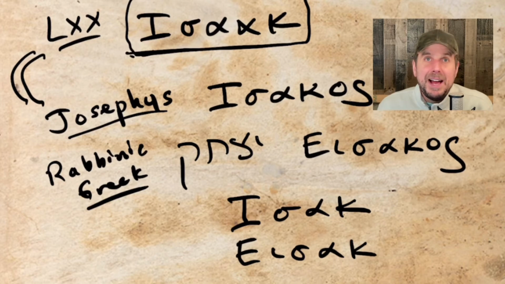There could be that kind of influence behind these various spellings. Don't know for sure, but it apparently was okay. It was okay to have these various spellings, and I like that because it helps us appreciate the fluidity of language, especially over the centuries.